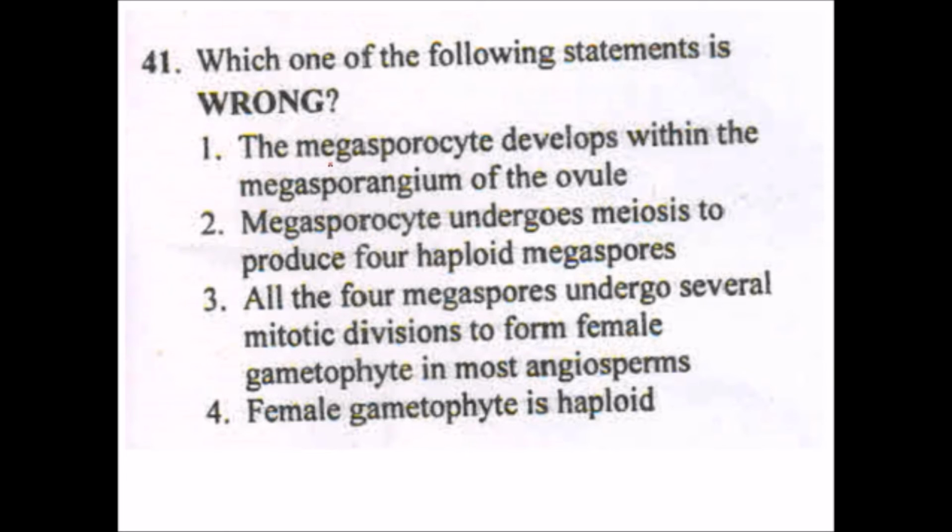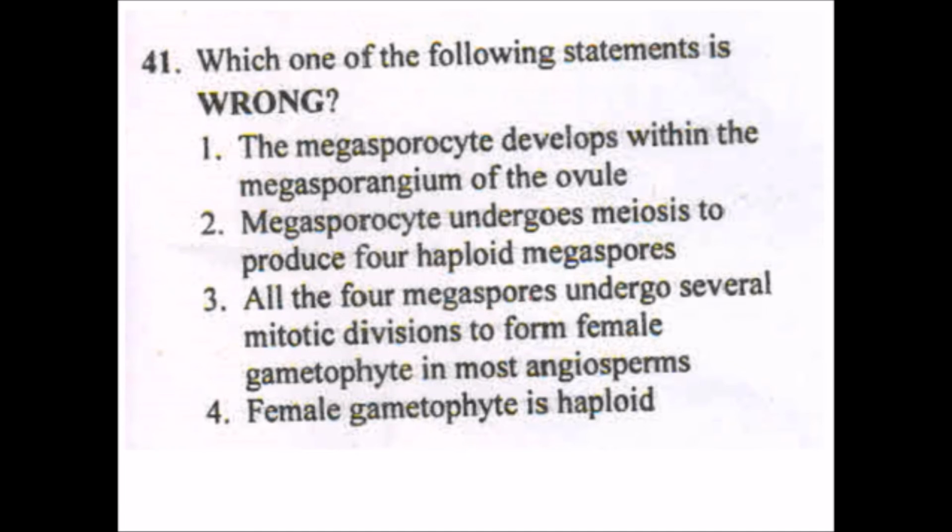The first option is the megaspore developed within the megasporangium of the ovule. Yes, this process occurs within the ovule. Megasporocytes undergo meiosis to produce 4 haploid megaspores. It's also true. Okay, so this is true.